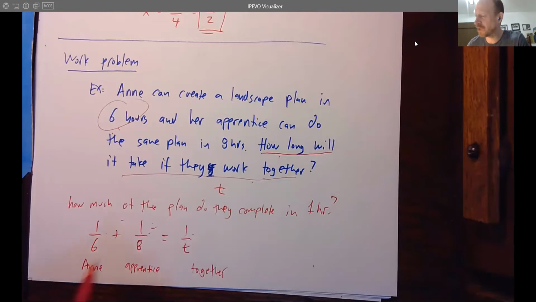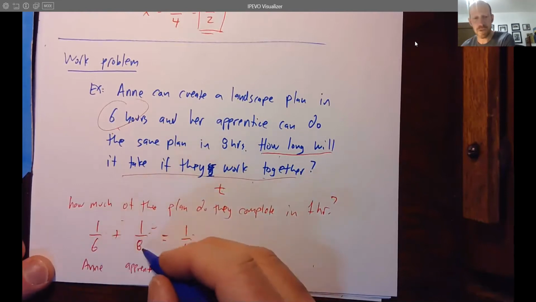You may sometimes know how long it takes them together and not know how much Anne or the apprentice does, or maybe you have some other structure, but it's basically 1 over this amount plus 1 over this amount equals 1 over the total. The nice thing about these is that they're very straightforward problems to solve once you have them set up.